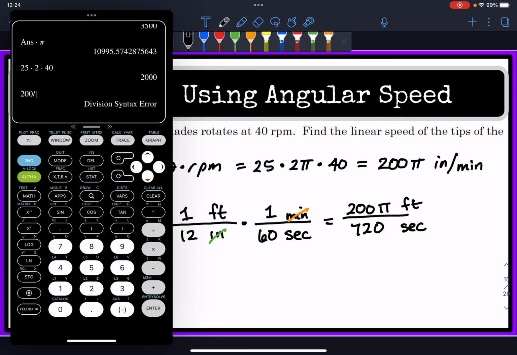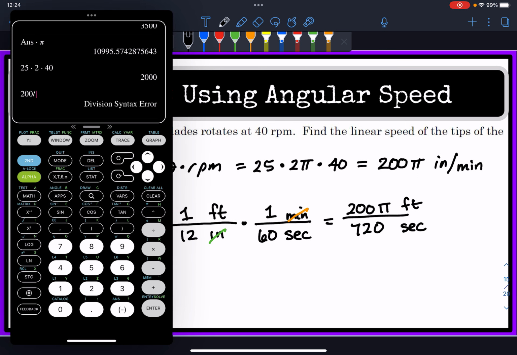And let's approximate this. So let's now multiply this answer with pi, and let's see what we get as a result. So we get 0.87 feet per second. So that's the approximated answer in feet per second.